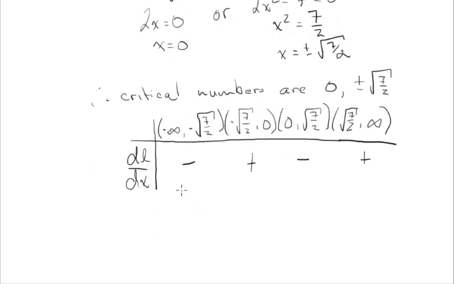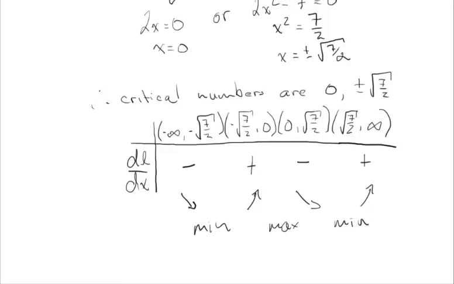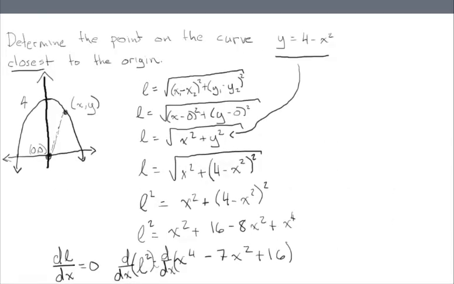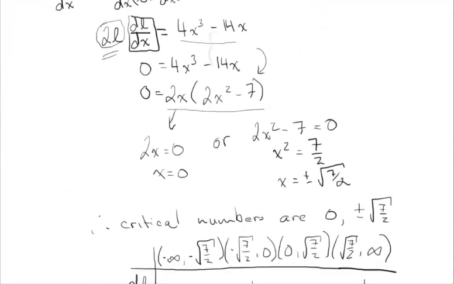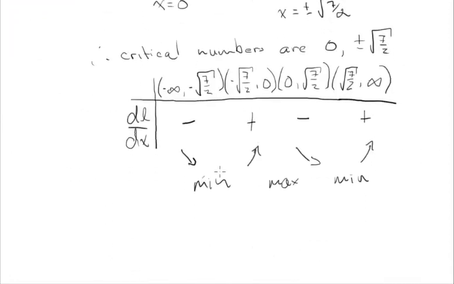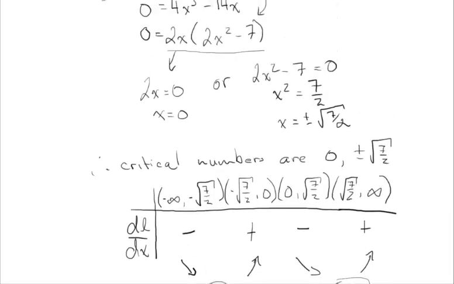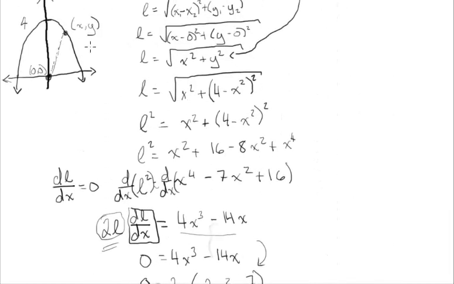So we have decreasing interval, increasing, decreasing, and increasing. So there was a min here, a max here, and a min here. So remember, the question was to figure out the closest point, which would be the minimum distance, which occurred twice. There was two minimum values, here and here, which would actually be the same distance, just kind of by symmetry, right?